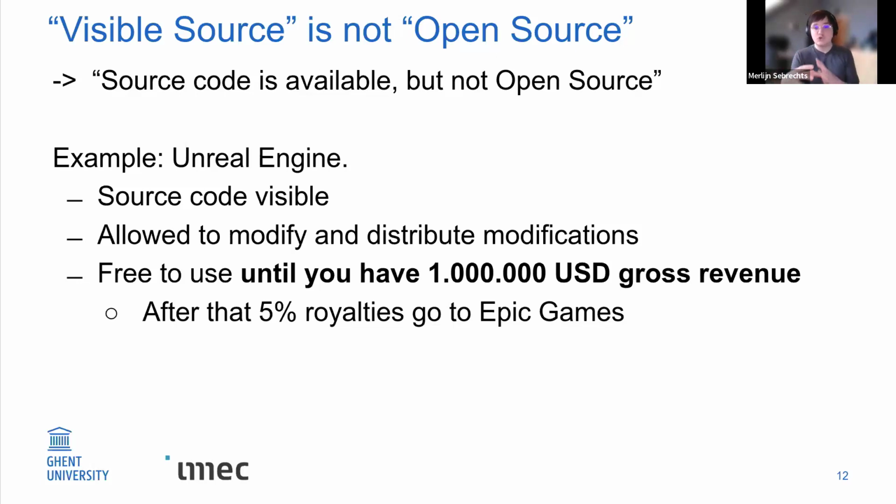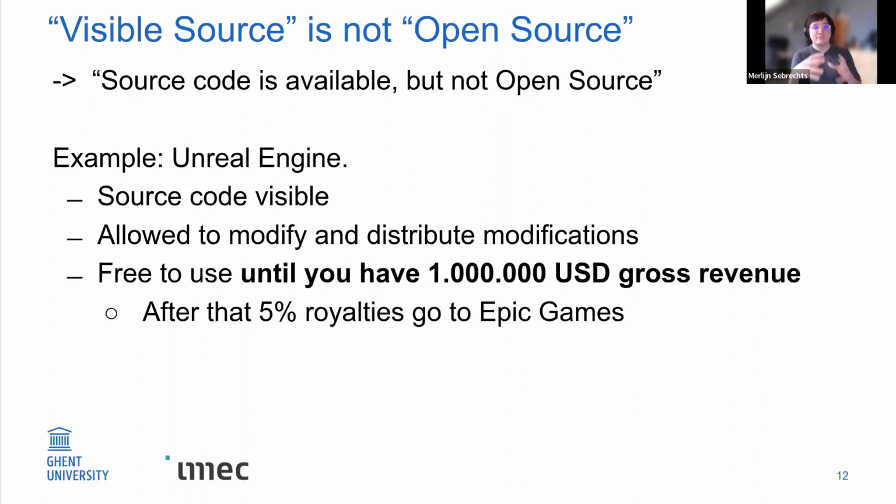Anyone is allowed to modify the source code, and anyone is allowed to distribute modifications. However, it is not completely free to distribute modifications and to use the Unreal Engine. It is free to use until you have 1 million in gross revenue in your business.